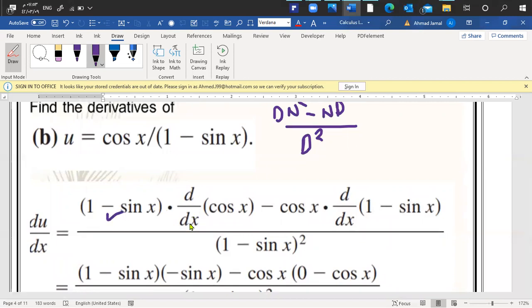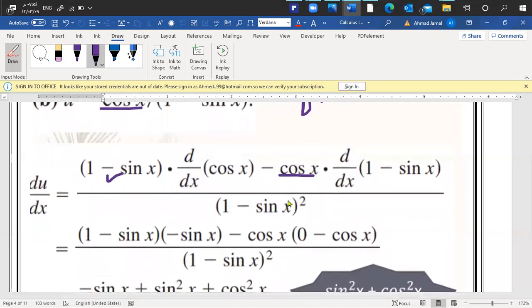And what is the derivative of the numerator? Minus, I will write the denominator, write the numerator as it is, and what is the derivative of the denominator? Again, now 1 plus sine x, and I have some change here.